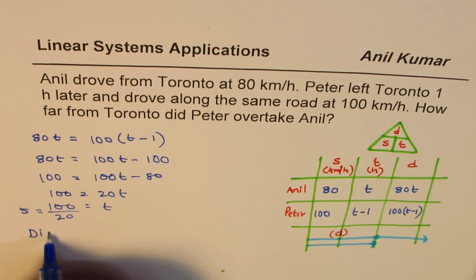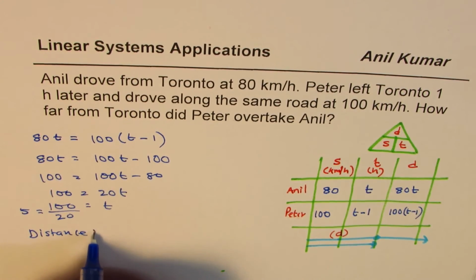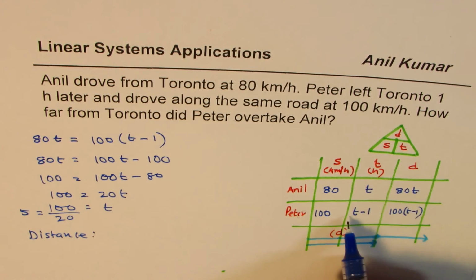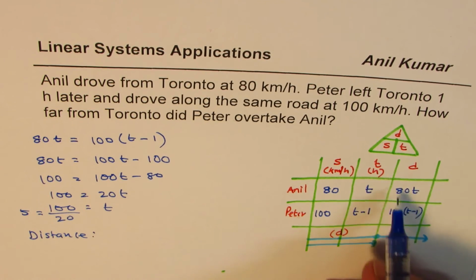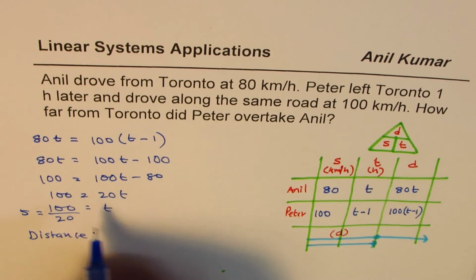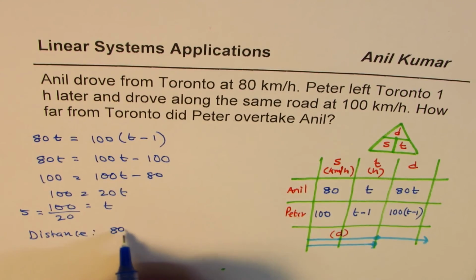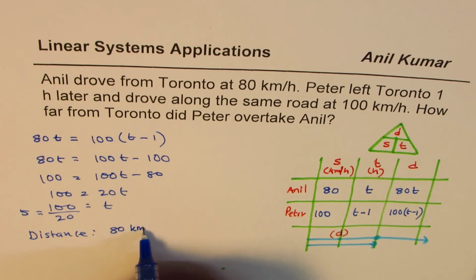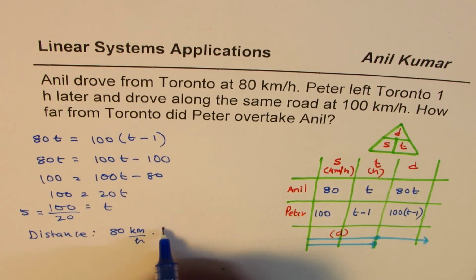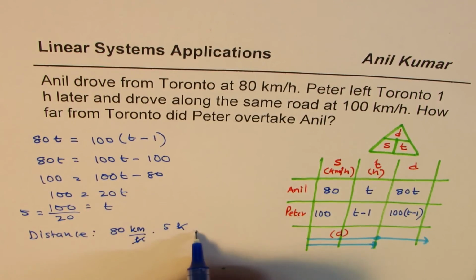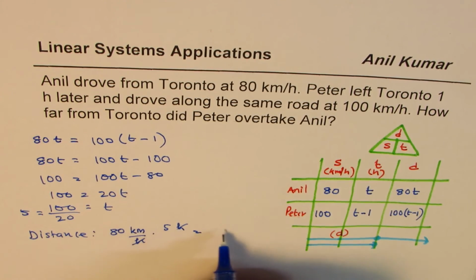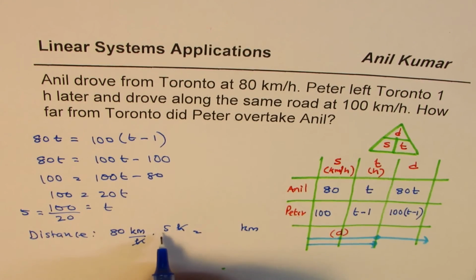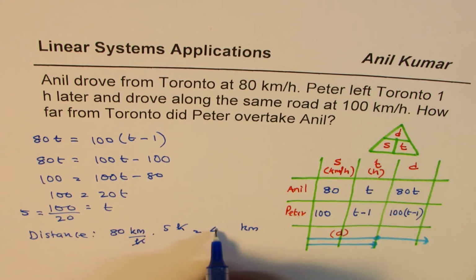So the distance is how much? Distance could be 80 times t or 100 times t minus 1. Both will give you the same results. Let's do 80 times 5. So 80 is the speed, which is kilometers per hour, and time is 5 hours, right? So when you multiply, you get only kilometers, which is expected, and 5 times 80 is 400.